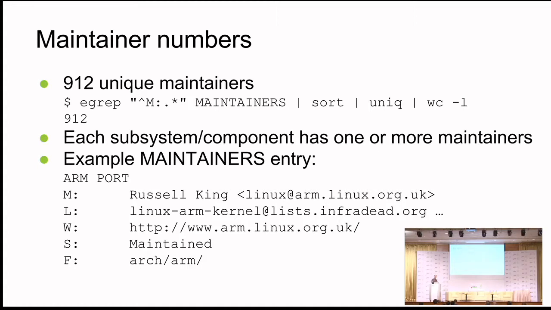So each of those subsystems, those components, have one or more maintainers. Each person that's a maintainer is listed in this file, and you can see it's a very well-formed entry. Right? So you have the email, you've got any list for an area that if you need to send patches, there's a mailing list. If there's a website, there's an entry there, and then a status of that area. There are things that become orphaned if a maintainer loses interest or they move out of an area, and you can have certain things that are listed as orphaned, right, or unmaintained.